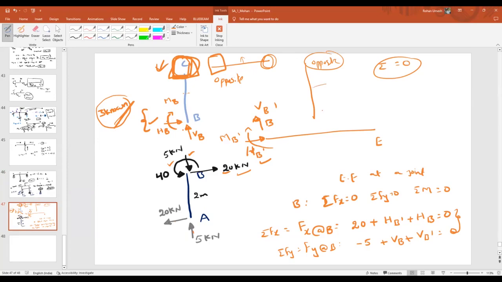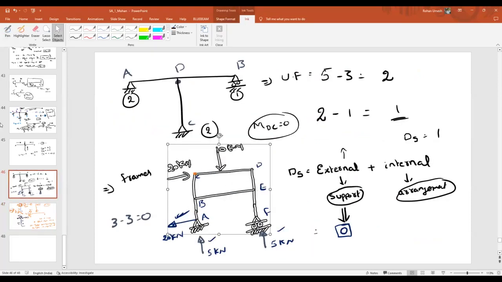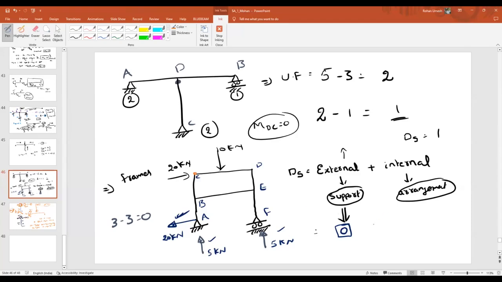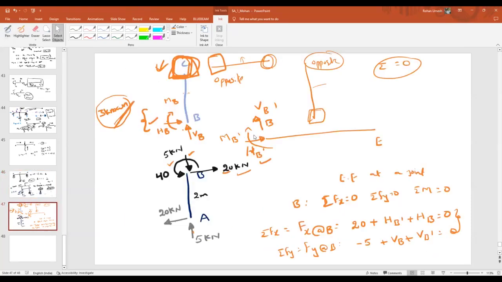Again, if I take equilibrium, I can find out this. Again, at point E, how many members are there? 3 members. So if I resolve them, look at the member AB. I know this, that means I can find out this.